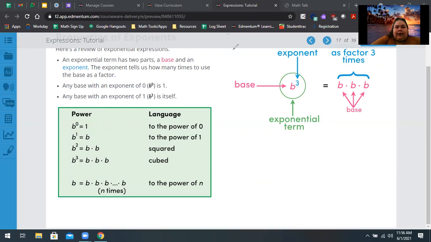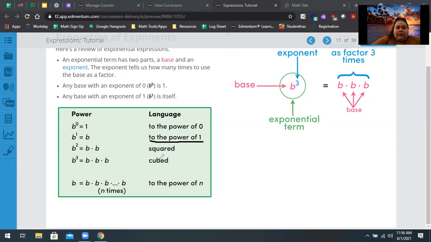Let's go ahead and take a look at the other ones here. So this one, again, this is how they'll use the expression. B to the 1 power is equal to b. Anything to the 1 power is itself. But again, this is how the statement would be written verbally, to the power of 1. B squared, or b to the power of 2. That's another way.